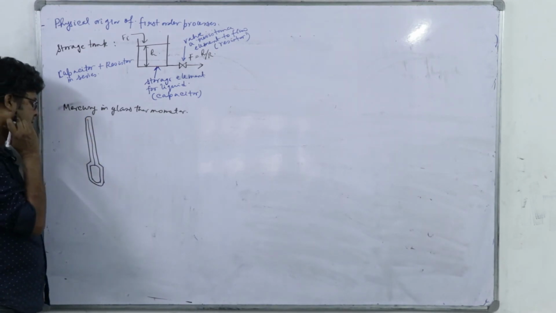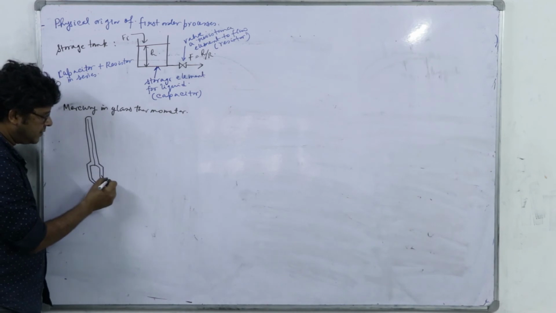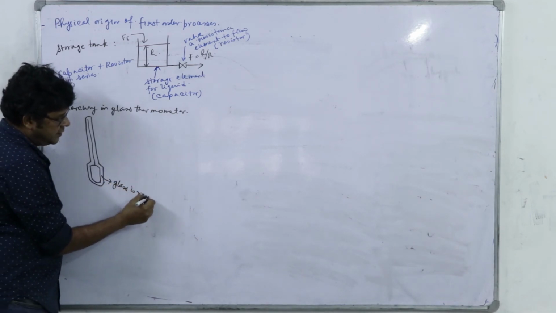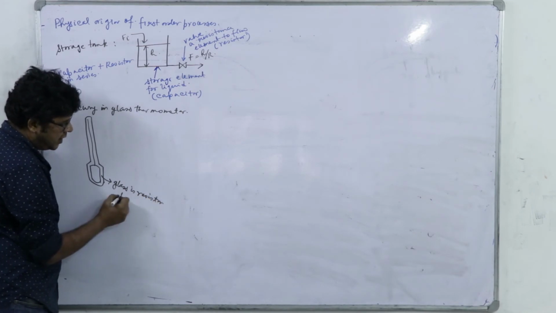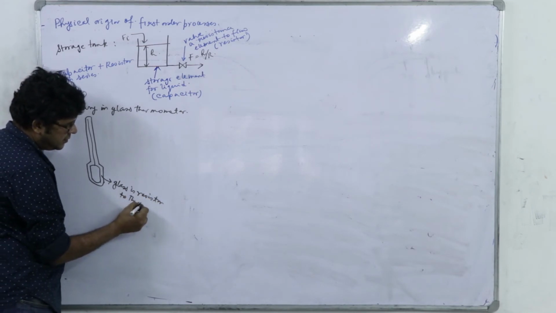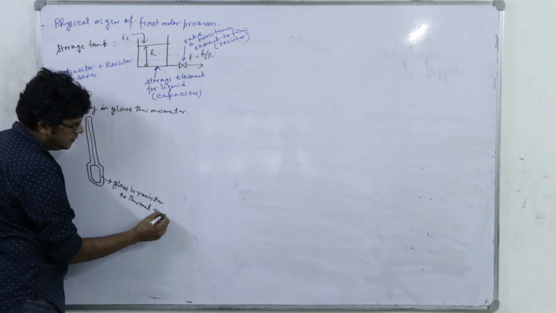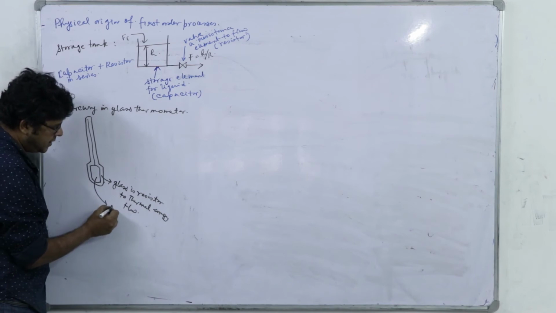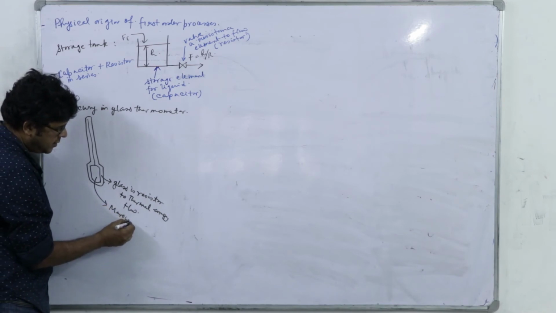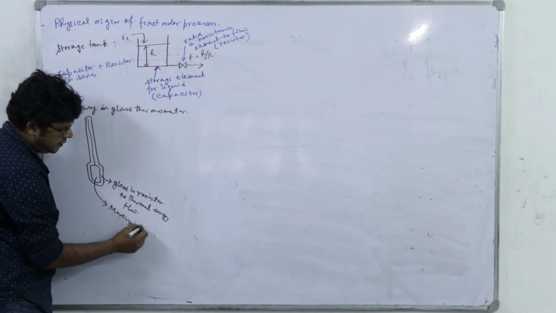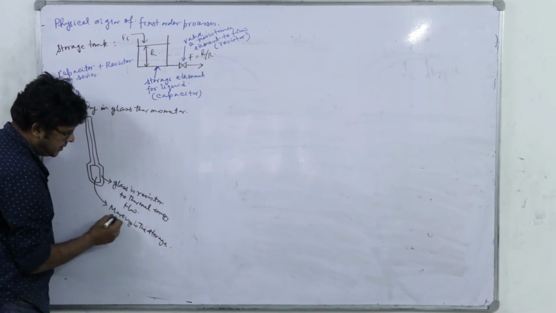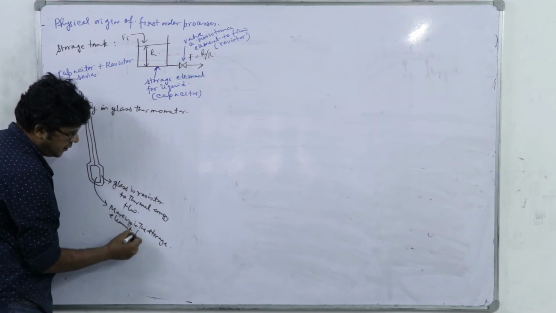Now, glass is a resistor to thermal energy flow, and mercury is the storage element for thermal energy.